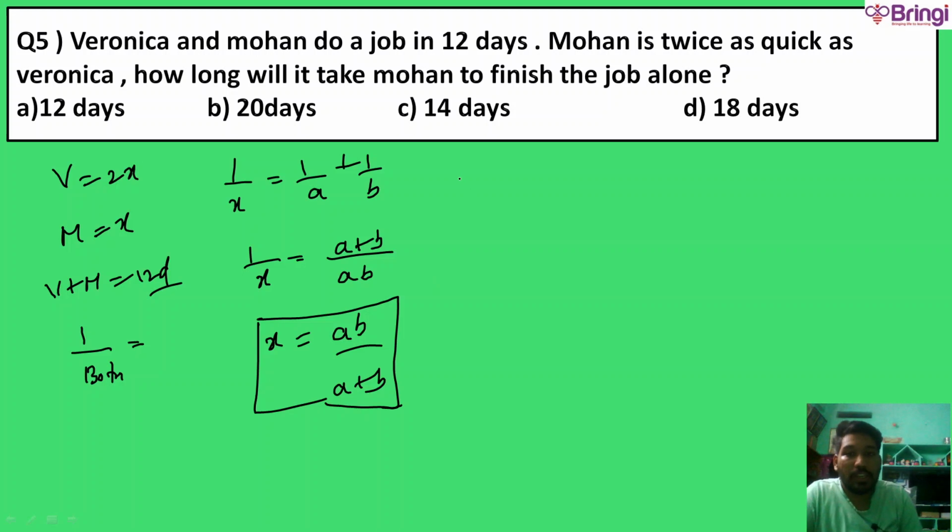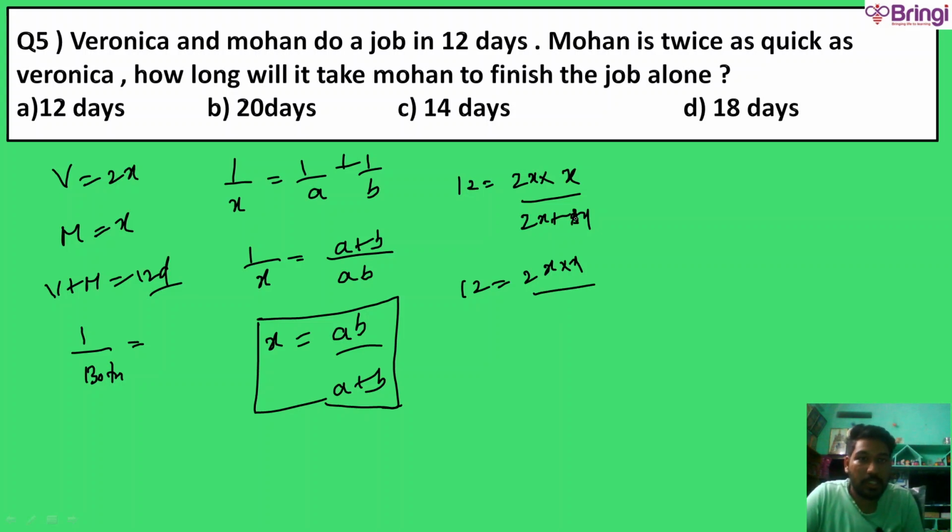So what is the total value? 12 days equals Veronica's 2x multiplied by Mohan's x, divided by the sum 2x plus x, that is 3x. So 12 equals 2x into x by 3x. X cancels, and 2 table 6 times.